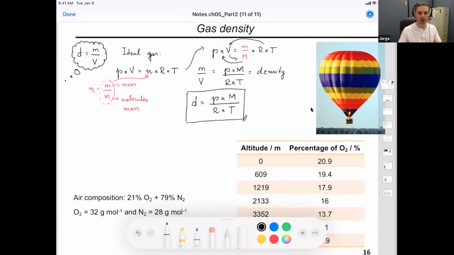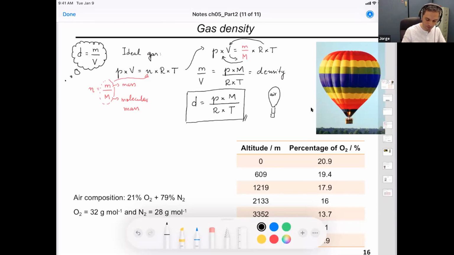And using the gas density equation, we can explain some day-to-day phenomena. For example, a hot air balloon. Inside the balloon, we have air, which can be treated as an ideal gas. If the air inside the balloon is cold, the balloon will stay on the ground.